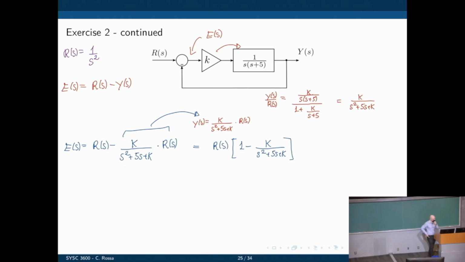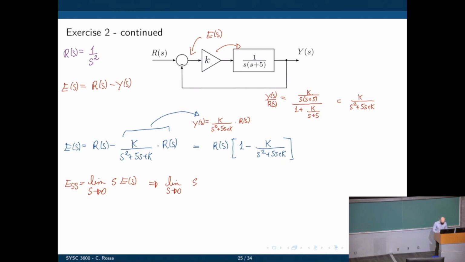Steady state means time tending to infinity. We can find the error in steady state as the limit when s tends to 0 of s times E of s. So this is the same as the limit when s tends to 0 of s times the error. So the error is that entire function in blue.